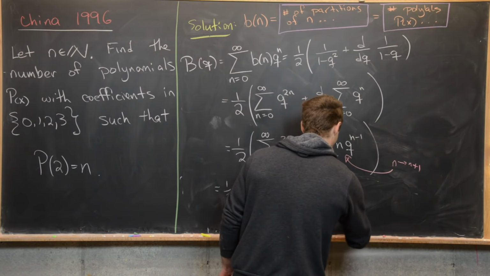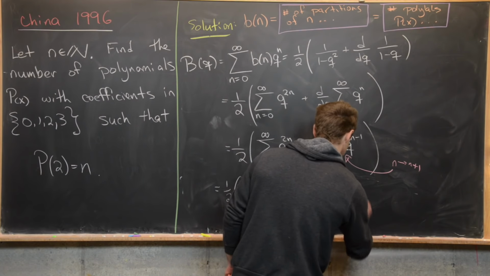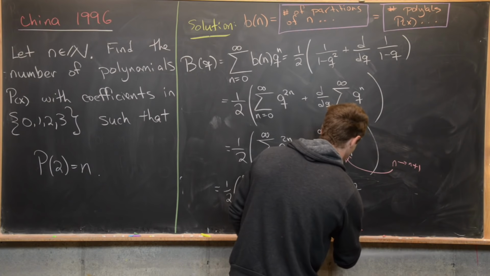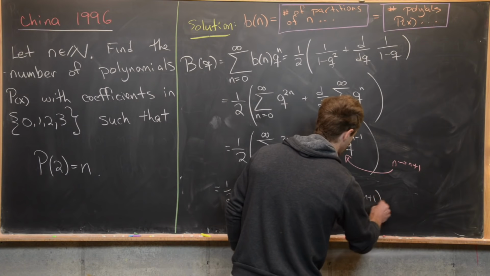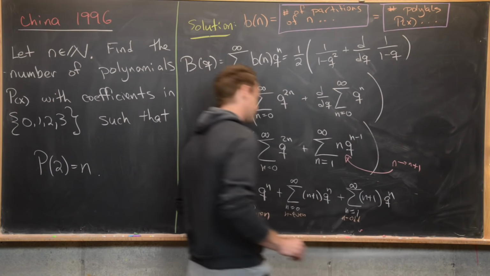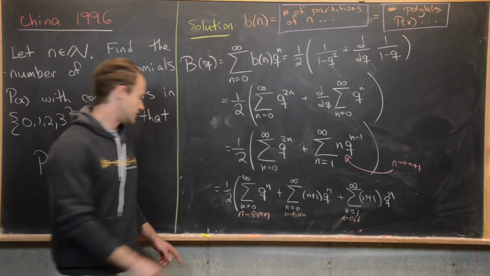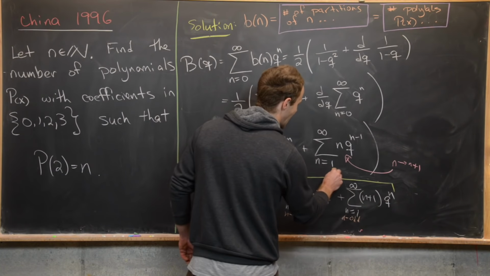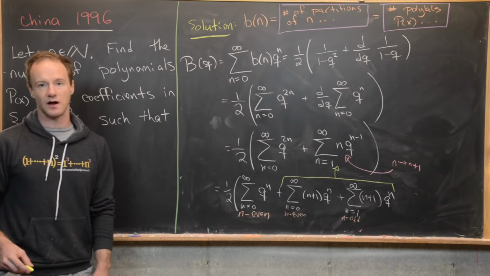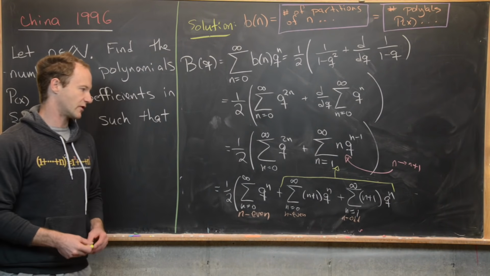And then plus the sum n equals 1 to infinity. And here this will be the odd cases, n odd. And here we have n plus 1 q to the n. Great. So notice that these two sums right here can be mashed back together with this sum via the re-indexing that I've written right there.